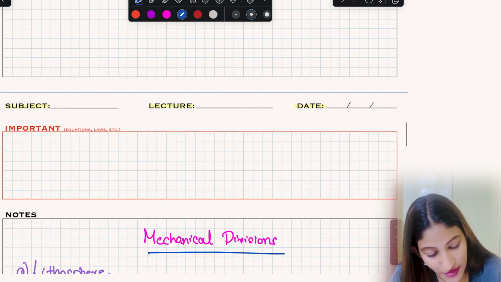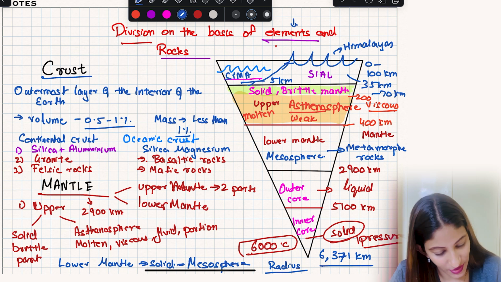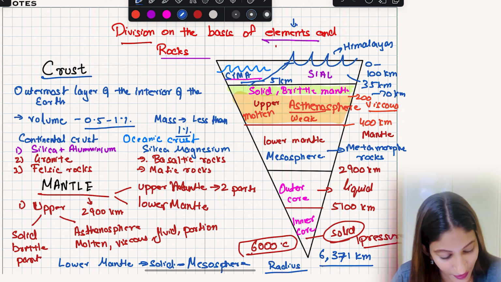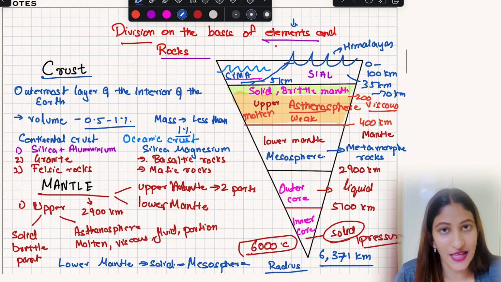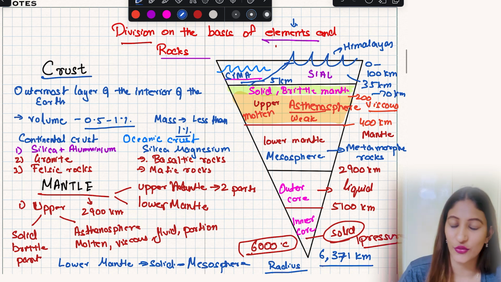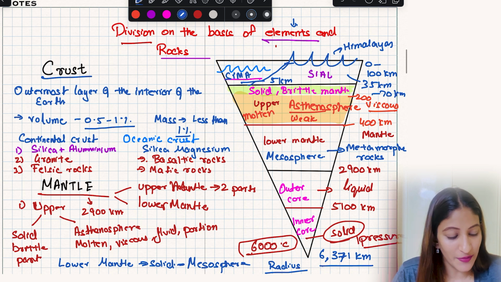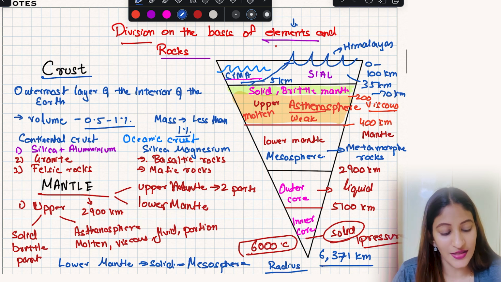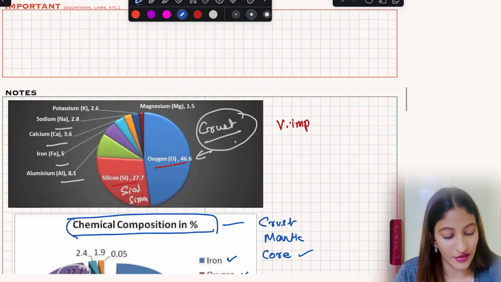Now, as you remember, don't imagine too much, guys, too much pressure on the brain. The crust is completely solid in nature. It comprises the continental crust and the oceanic crust. But the mantle also, up to a certain limit in its upper part, is solid. So this is the solid brittle mantle.